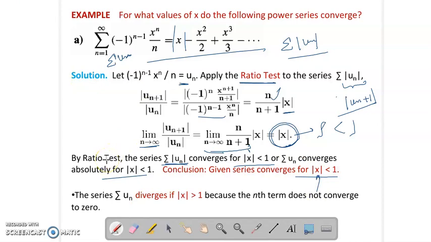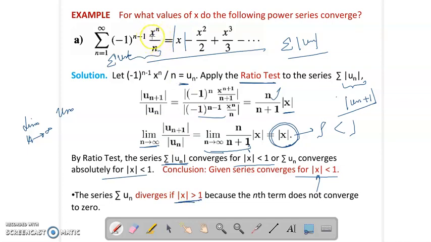Now, what about the case when mod of x is greater than or equal to 1? So let's first discuss what if mod of x is greater than 1, and then we will see what happens if mod of x is equal to 1. Now you see, when mod of x is greater than 1, this is the nth term. Apply the nth term test for divergence. You see, limit n tending to infinity of this term un. Consider here that mod of x is, say, equal to 2, x is equal to 2.